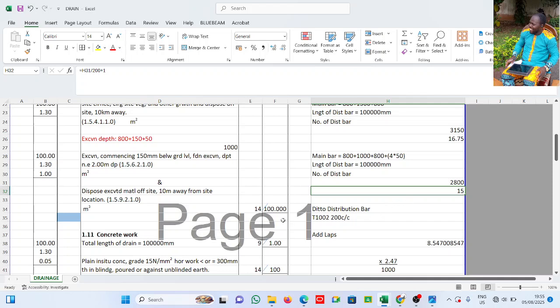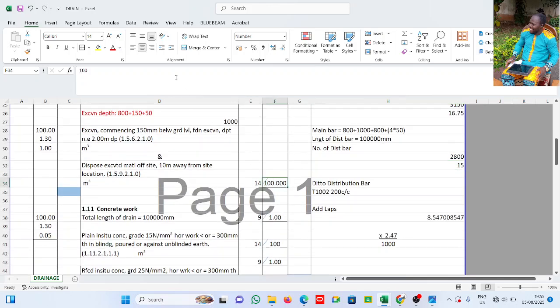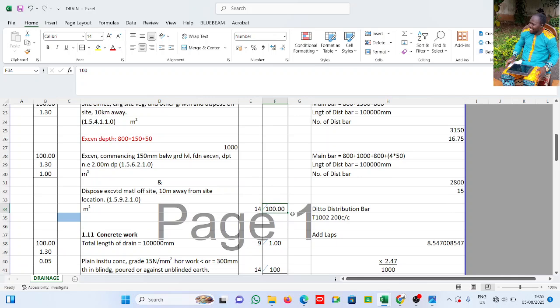All right. So how many runners am I going to have? This is what we have here now. The distribution bars or the runners, that's T10 at 200 center to center.